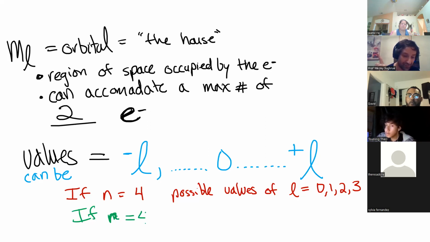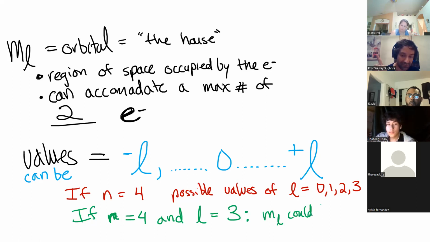If n is equal to 4 and L is equal to 3, M sub L could be -3, -2, -1, 0, 1, 2, or 3.